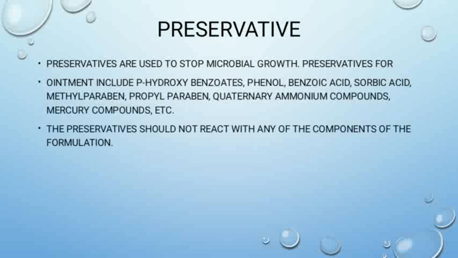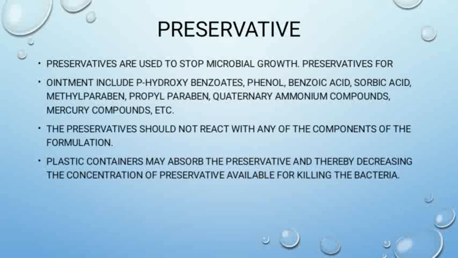These preservatives should not react with any of the component of the formulation. Okay, they are needed to be inert. Okay, then plastic containers may absorb the preservative and thereby decrease the concentration of preservative available for killing the bacteria. Therefore, one has to be very careful even while selecting the packaging material for the product.